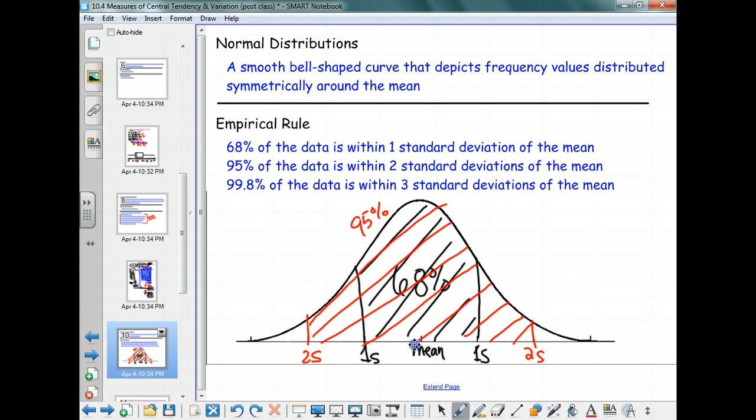And then if you go out to 3 standard deviations in either direction, that is almost the entire thing, isn't it? And all that shaded part in there in green, virtually everything, exactly how much is it? 99.8% in green.